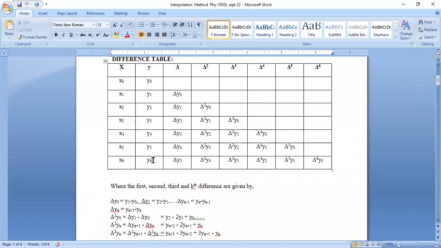So once you know yk, then these elements del y5, del square y4, del cube y3, del 4 y2, del 5 y1, and del 6 y0 will appear in the Newton backward interpolation formula.